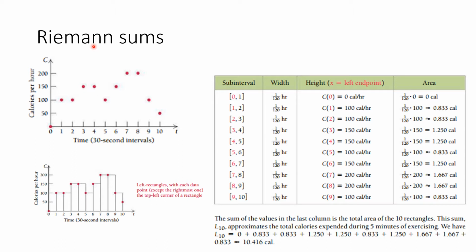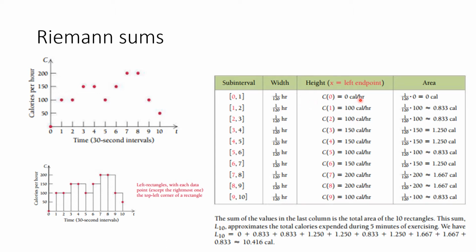These were the things we called Riemann sums before, and we'll call them Riemann sums again. So you see, 30 seconds is 1/120 hours, so the width is always this, and on each subinterval we're always taking the left endpoint, so we're taking 0, 1, 2, 3, and so on down to 9, and then we're reading these values off the graph.